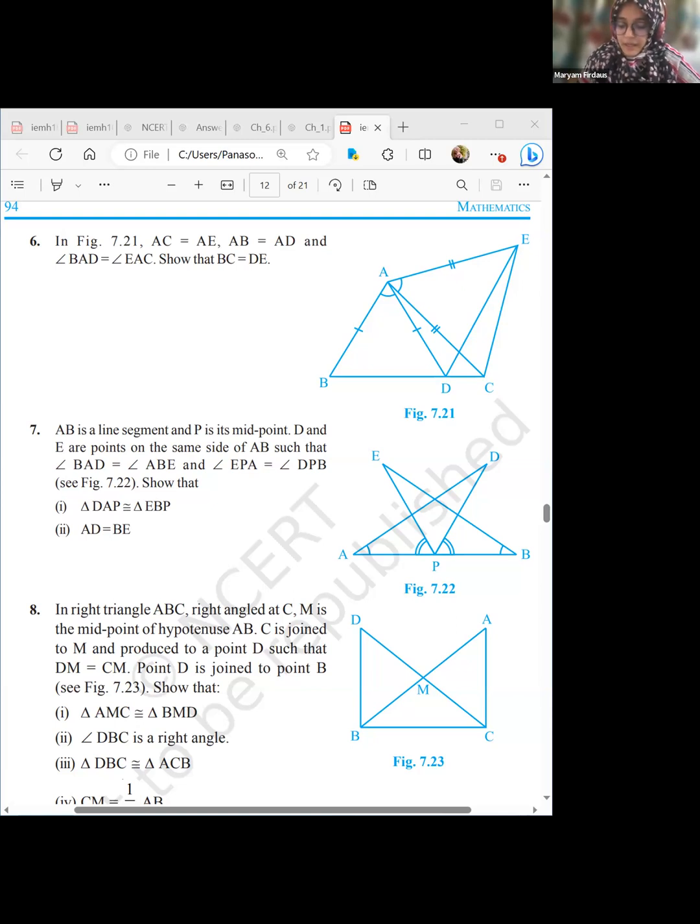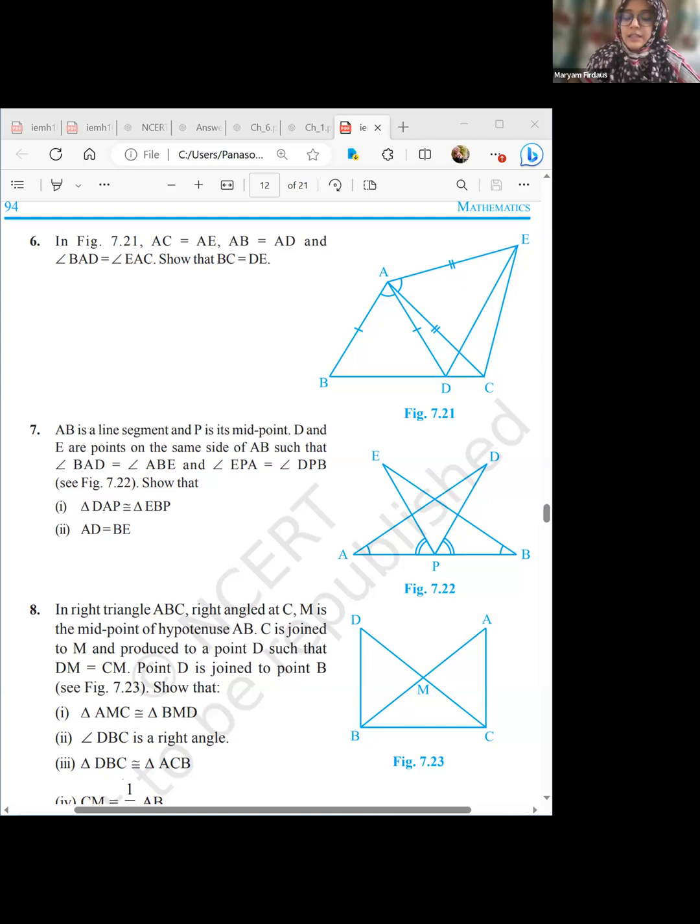Now, we want to show BAC is equal to DAE. BAC is actually equal to angle BAD plus angle DAC, the X one.